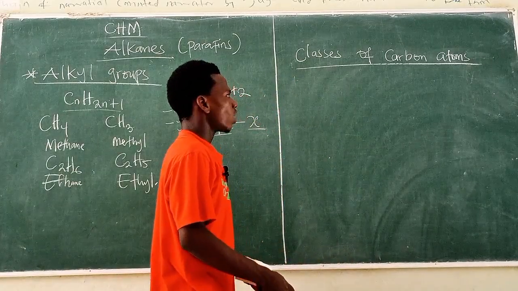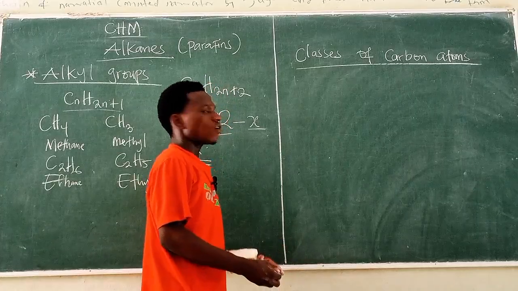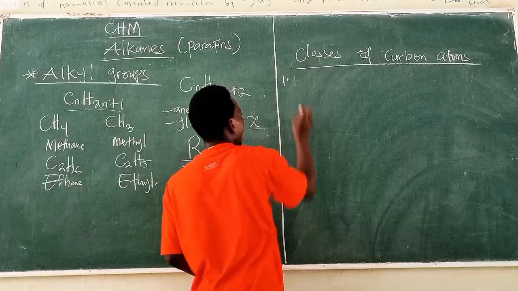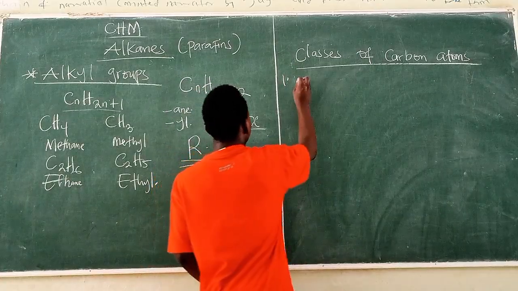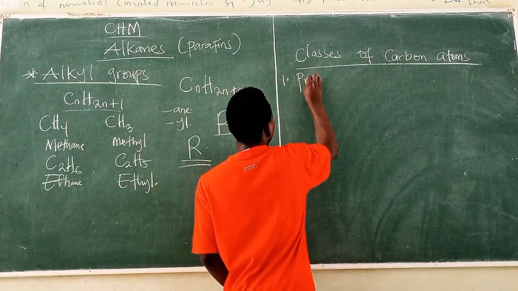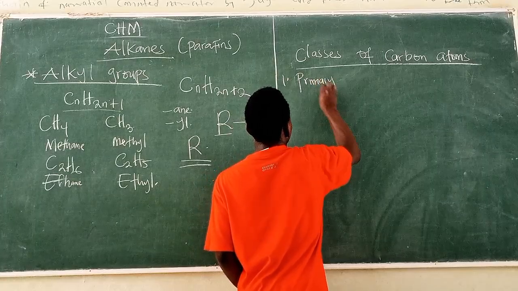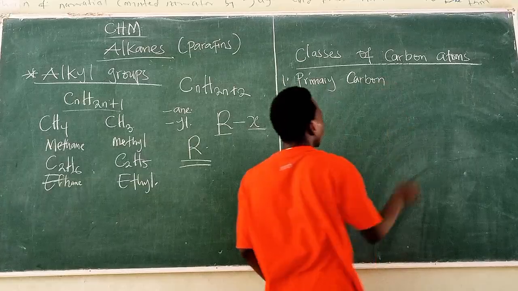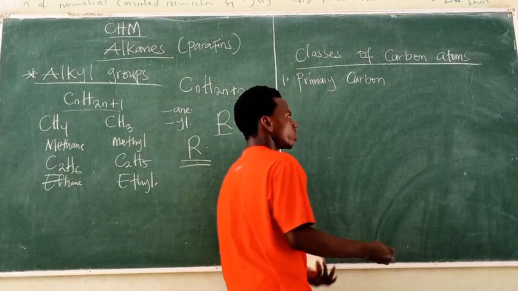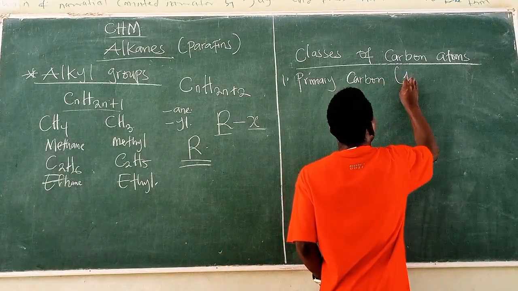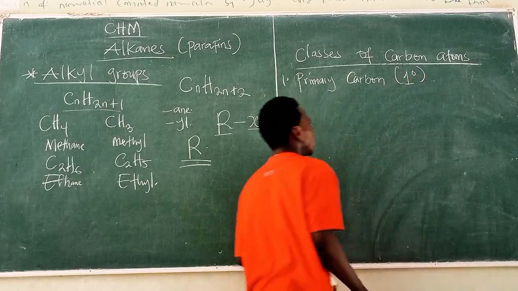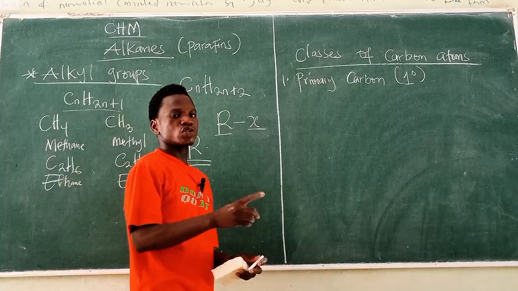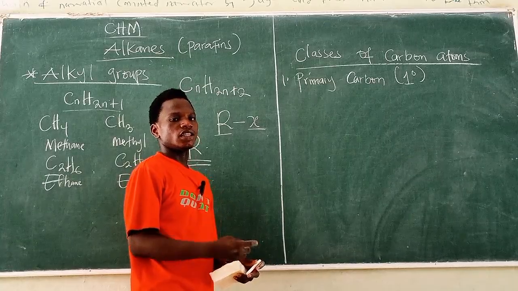Now, in the study of organic chemistry, there are 4 classes of carbon atoms. Number 1 is a primary carbon. A primary carbon is also called a 1-degree carbon. This is a carbon that is linking to just one carbon atom in the parent chain.